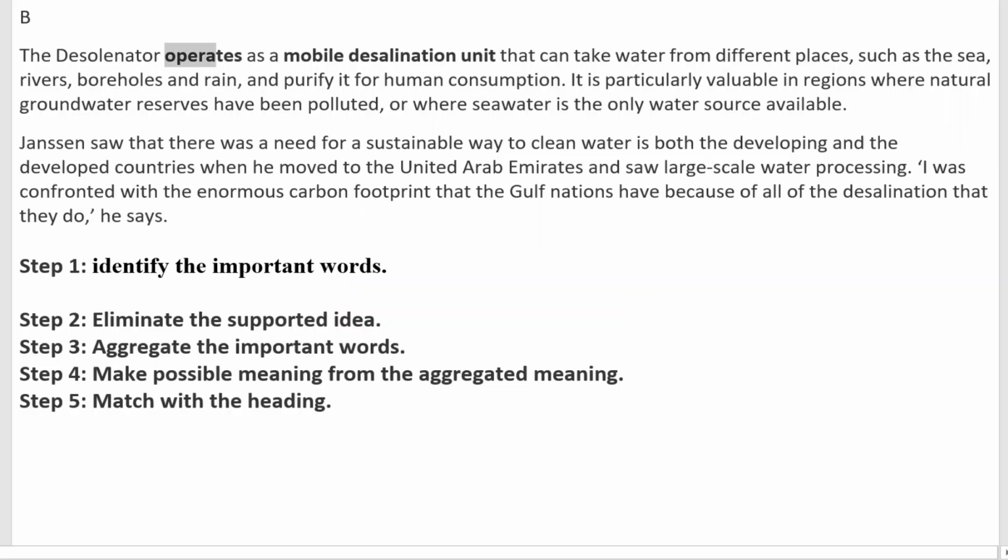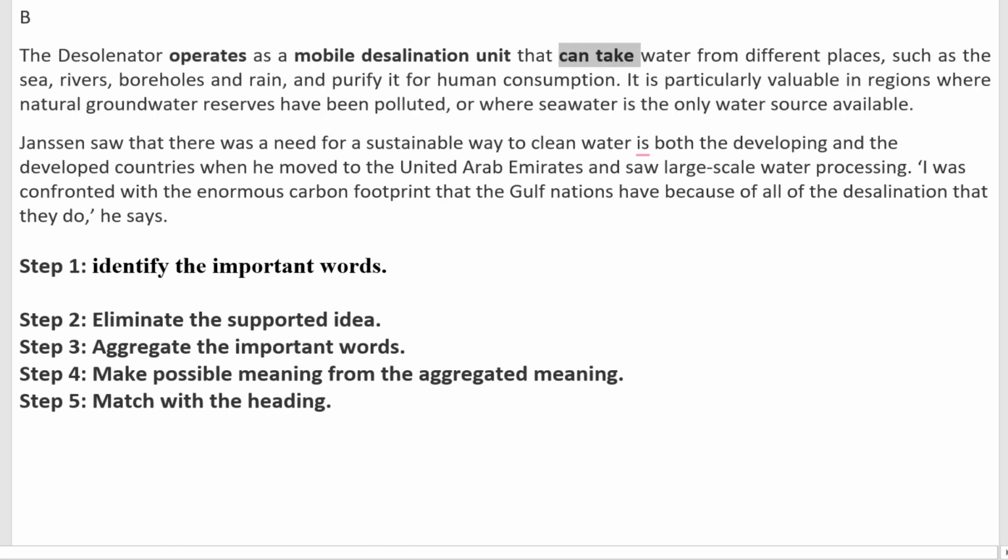Step 1. Identify the important words. We are highlighting the main words and underlining the supported words.